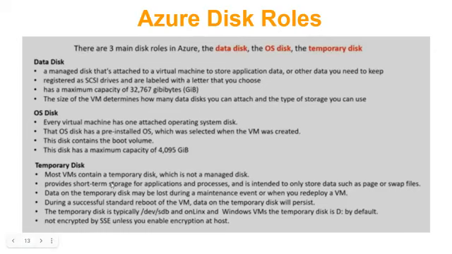Next, we have the temporary disk. Most VMs contain a temporary disk, which is not a managed disk, so it is not managed by Azure. It is used for short-term storage for applications and processes, and is intended to store data such as page and swap files.